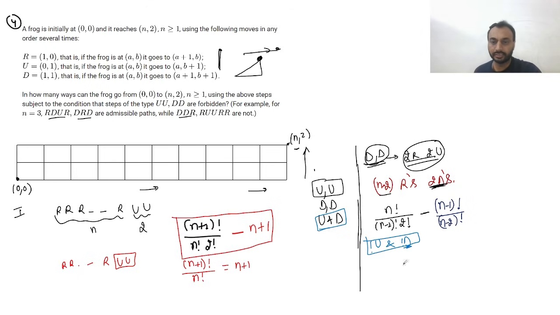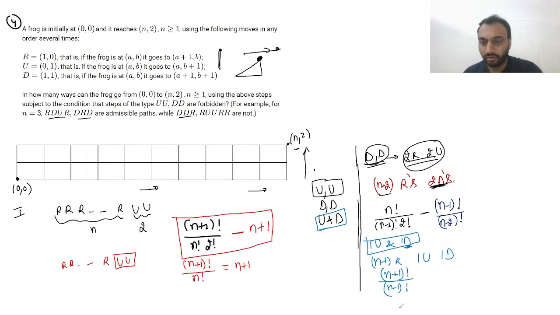So we need n minus 1 R steps, 1U and 1D. The number of arrangements is n plus 1 factorial by n minus 1 factorial.